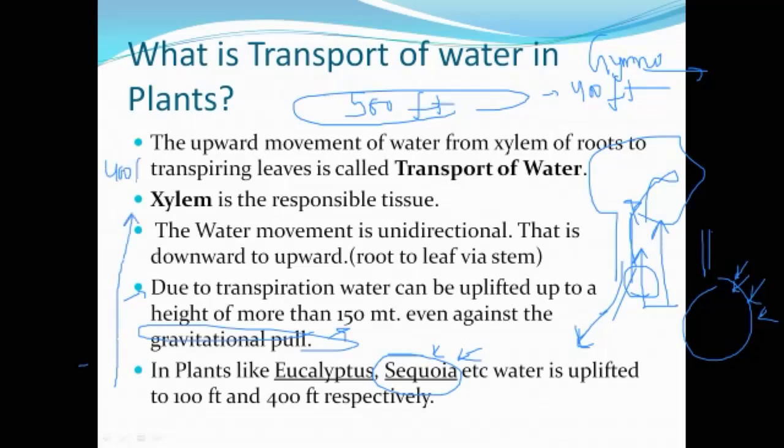Up to that much height, the same water that is absorbed through the soil reaches such a height without any external energy, without any electric energy, or even expenditure by the biological organism itself. The plant itself does not expend any energy in transporting water to such heights. That energy is available due to transpiration.